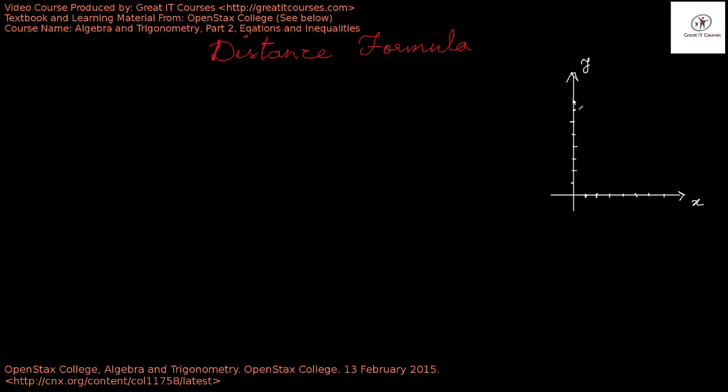Let's say this is one of my points, and let's say this is the other point that I have. So I have these 2 points in the plane, and I want to know the distance between these 2 points.